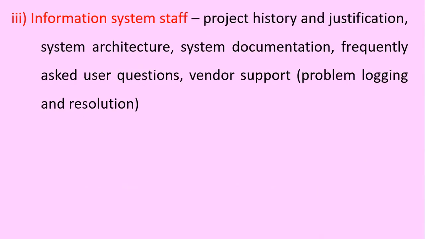On the side of the informational system staff, they require information in relation to the project history and its justification, the system architecture, system documentation, frequently asked user questions, as well as vendor support, which include problem logging and resolution.